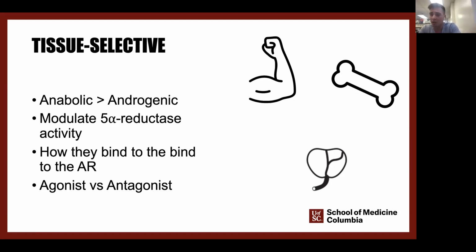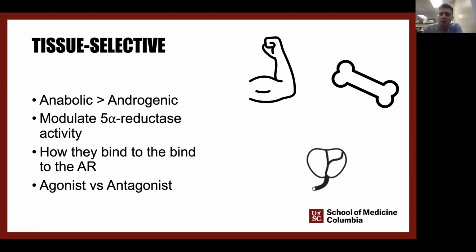To be honest with you, these compounds are all different, and they are still somewhat in the early stages of development in terms of clinical application. They'll never really get approved for recreational application, right? But for clinical application, how are these compounds tissue selective?